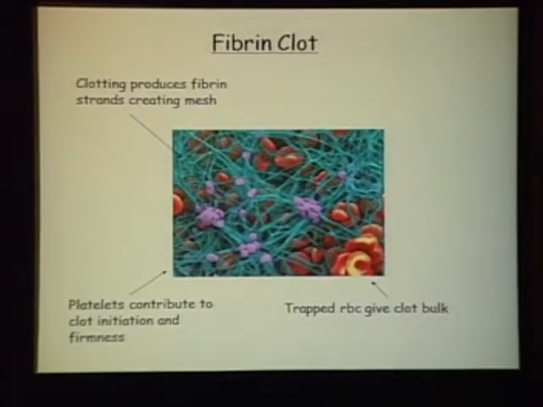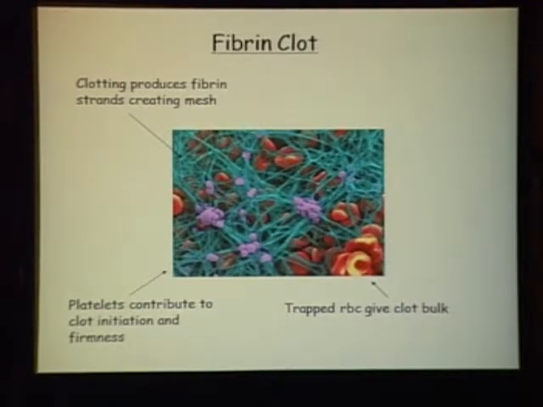Now, this is a fibrin clot in glorious technicolor. The green strands are the fibrin mesh, which is formed as the product of the coagulation of the liquid clotting factors in the blood. The fibrin mesh acts as a scaffold for a blood clot, either a normal clot or a thrombus.